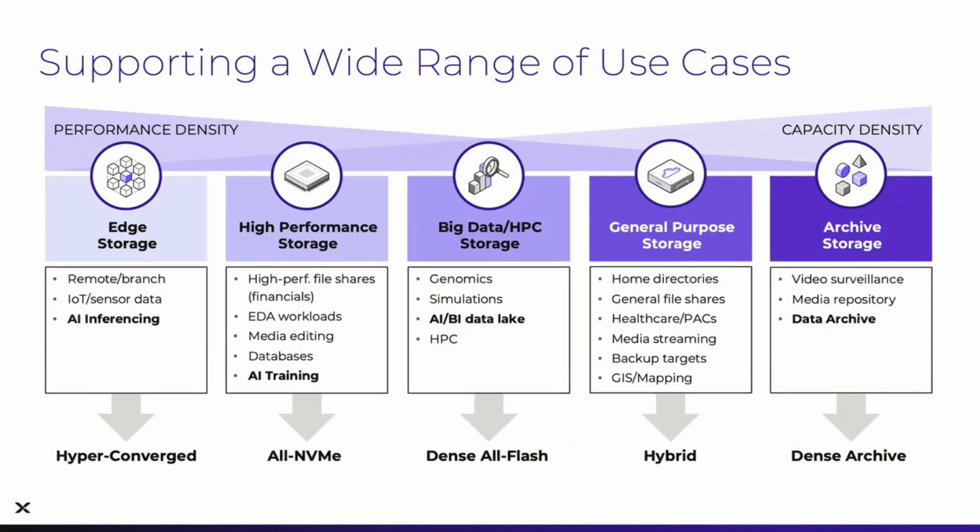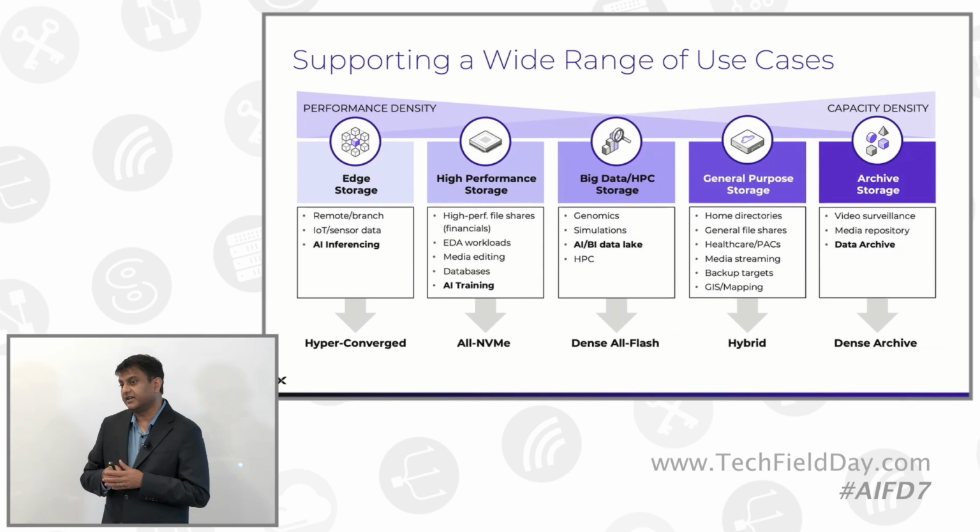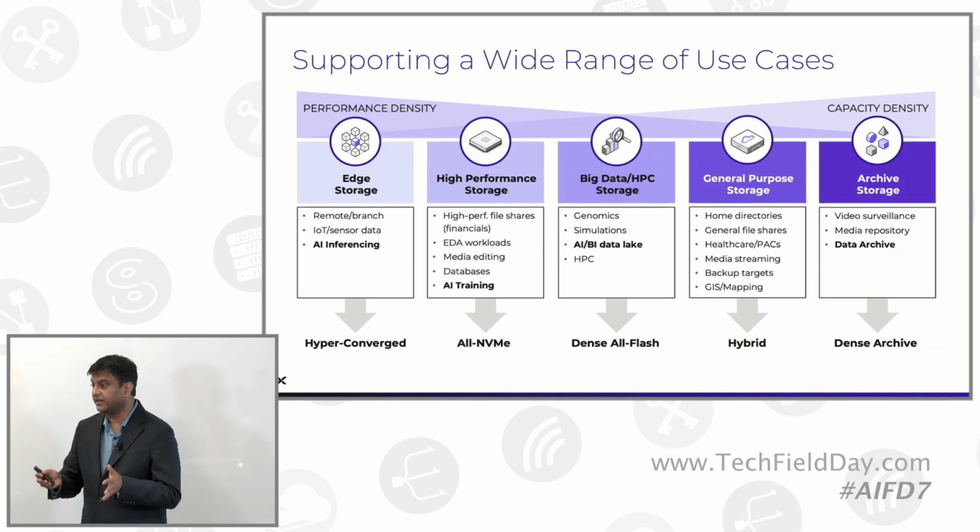And this platform supports a wide range of use cases. At the edge, you can have a single node deployment, which supports even your AI inferencing use cases or enterprise apps running at the edge. You have high performance use cases, and we'll get into the architecture of how we support that, running a data lake on our object storage or supporting other HPC use cases, to general purpose storage, like lots of user profiles, home directories, department shares, to machine data, to application data, and then archive storage also, so deep and cheap storage to support the different use cases.